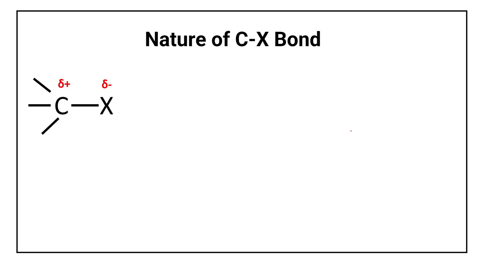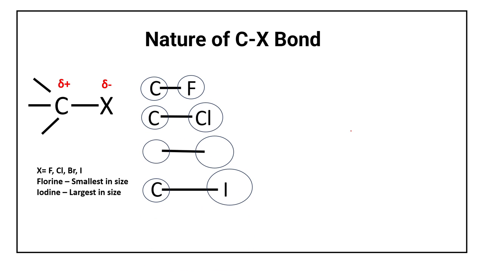Now, as you know the carbon-halogen bond is polarized, we will learn about the bond length. Fluorine is the smallest in size, whereas iodine is the largest. So in the C-F bond the fluorine is smallest, whereas in C-Cl the chlorine is larger compared to fluorine.